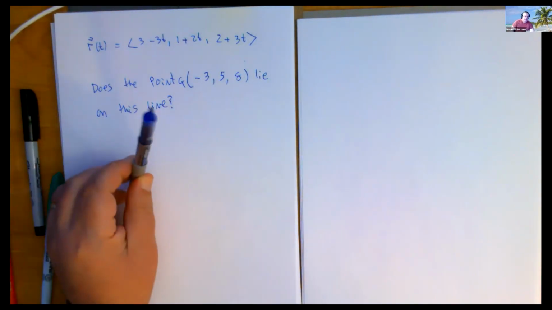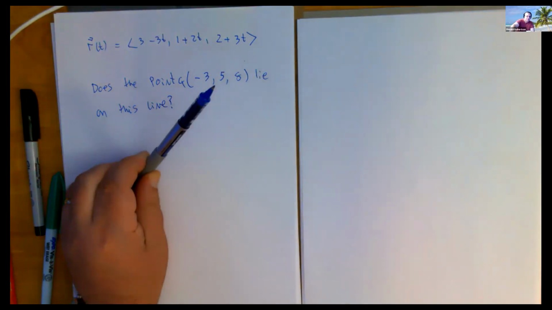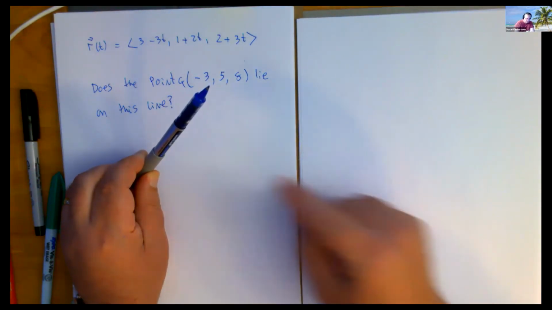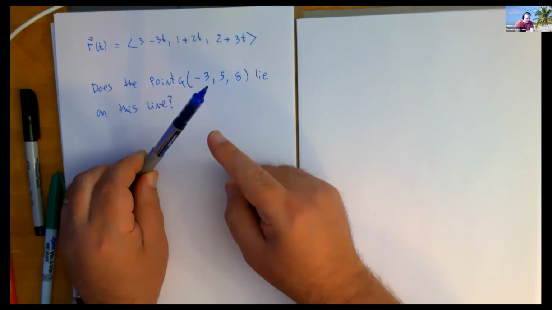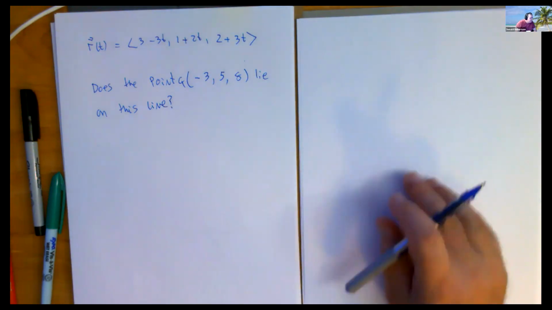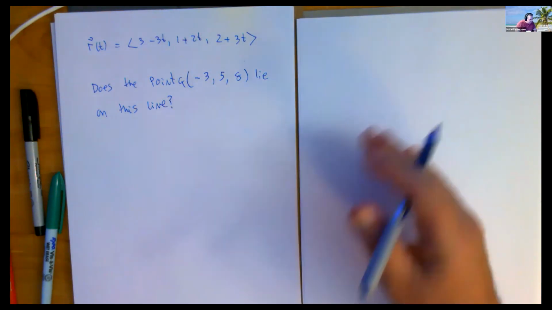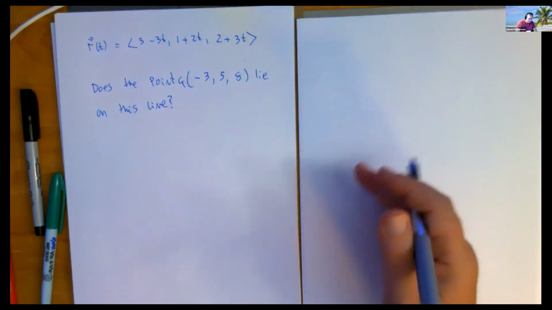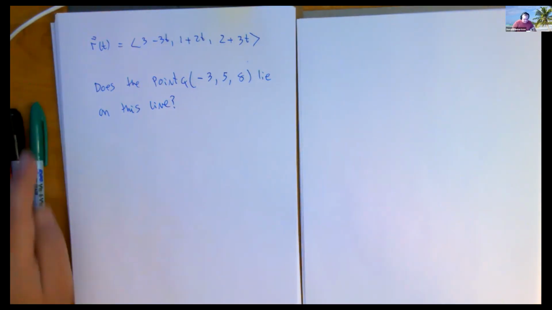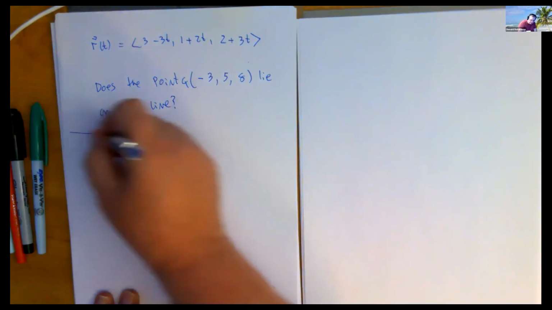So you imagine this is a 3-dimensional line, right, traveling forever. If you plotted the point -3, 5, 8, would it be floating out here or would it be on the line? So your choices are going to be yes, no. So it's not going to be a hard thing to answer physically. You just say yes it is or no it's not. But we have to figure out which of those two it is. So we need a strategy.